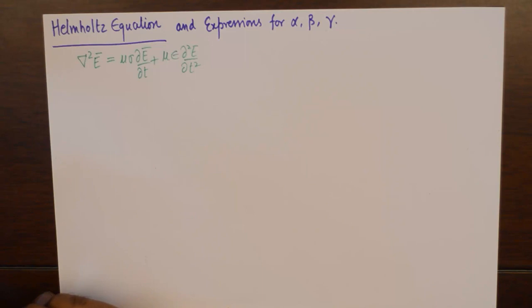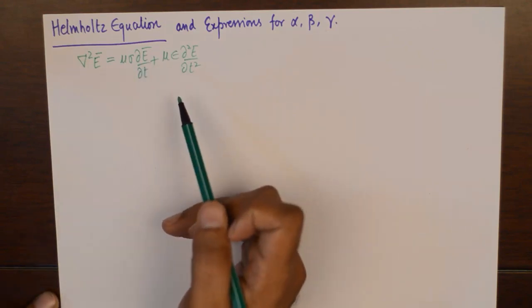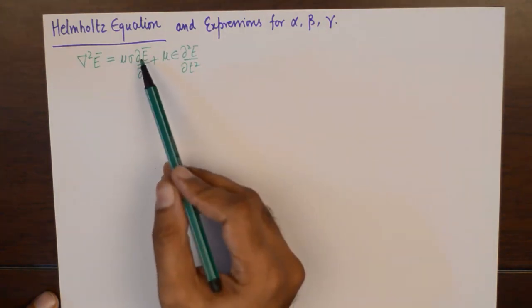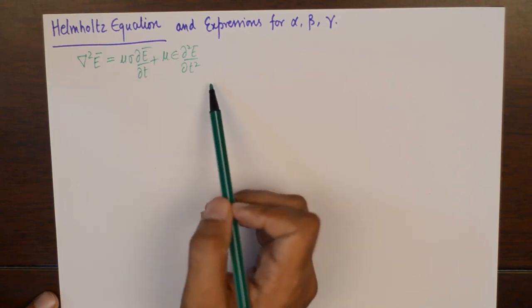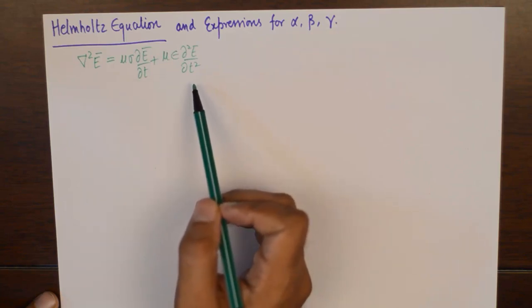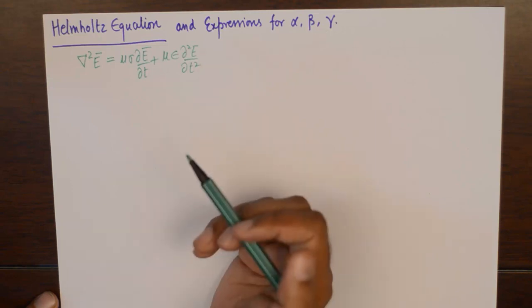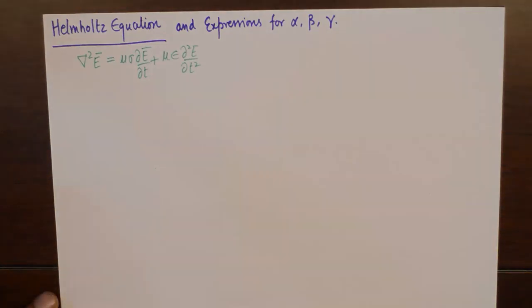So lossy media will have a very huge value of sigma. But we simply need this equation as the base equation to derive Helmholtz equation and then further derive alpha, beta, which are attenuation constant and phase constant.